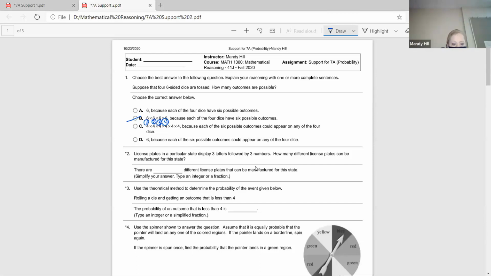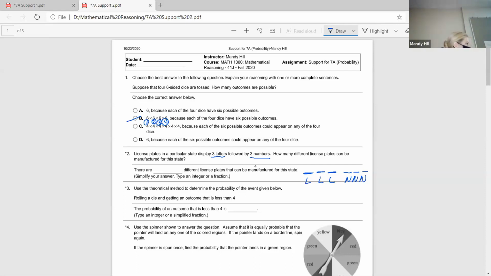So number 2, license plates in a particular state display 3 letters. Right, so we've got a license plate, and the first 3 spots are letters. This letter, this letter, this letter. The last 3 spots are going to be numbers. Okay, so it says how many different license plates can be manufactured for this state?